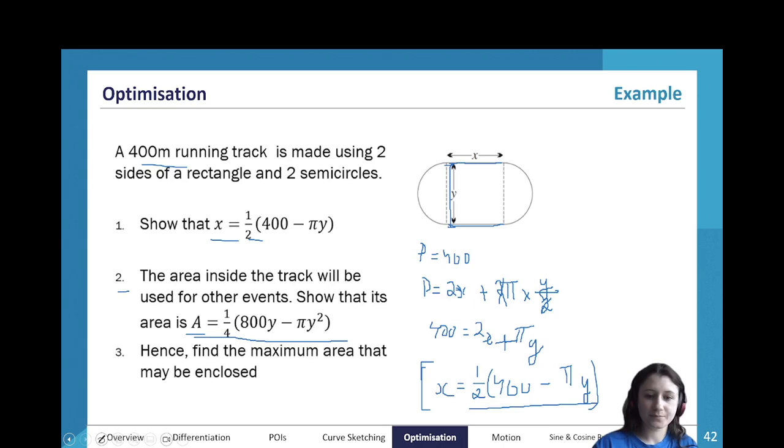Alrighty. So let's factorize out our quarter.